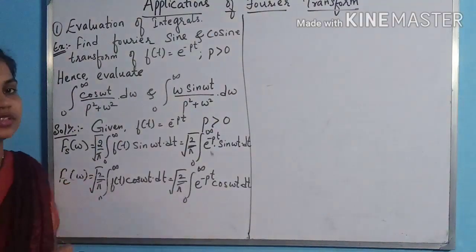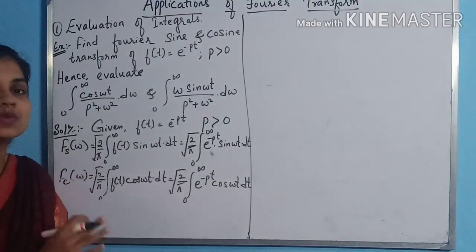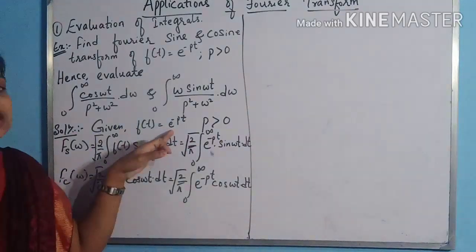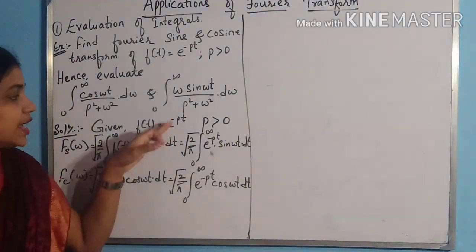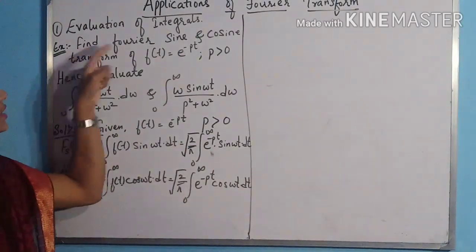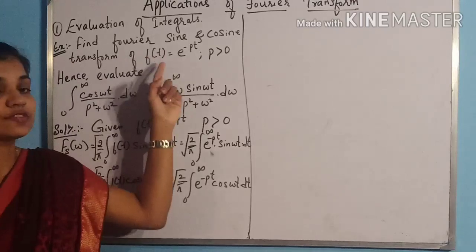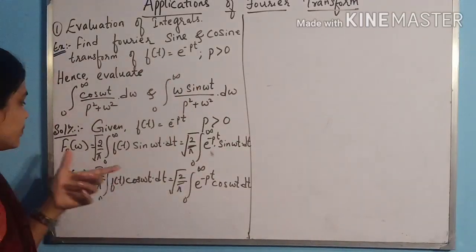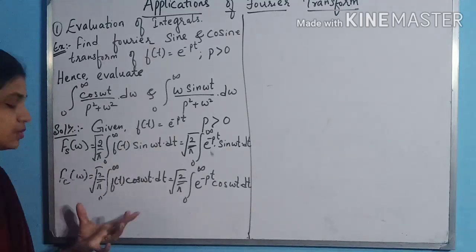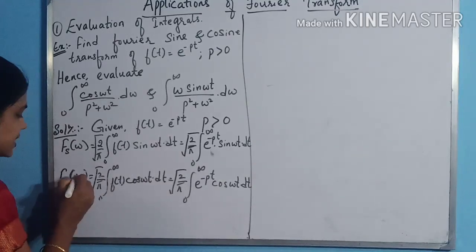So the solution. Firstly, we are going to write what is given. f(t) is equal to e^(-pt) where p is greater than 0. And they have asked us to find the Fourier sine and cosine transform of f(t). We know the definitions of Fourier sine transform and Fourier cosine transform, so we are going to write that here.